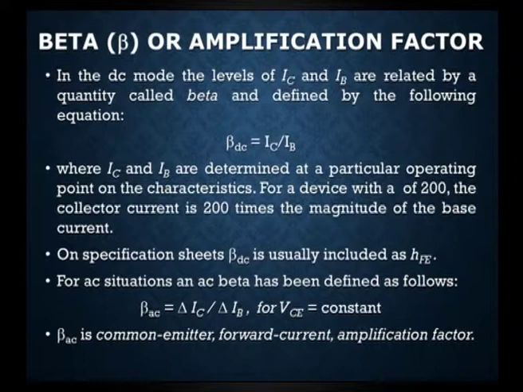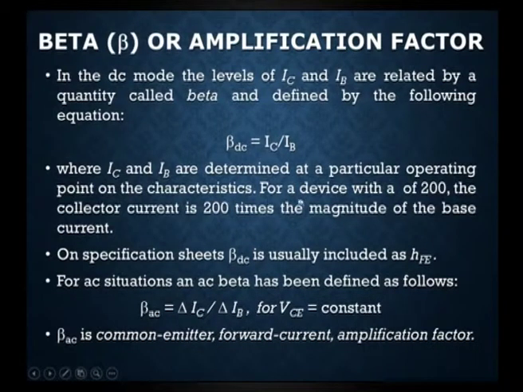Next we need to know about beta, or the amplification factor, with the help of the common emitter configuration. In DC mode, the levels of IC, the collector current, and the base current are related by a quantity called beta, defined as beta DC, equal to the ratio of collector current to base current, where the base current and collector current are determined at a particular operating point on the characteristics.